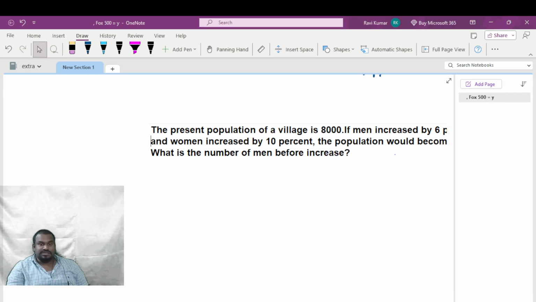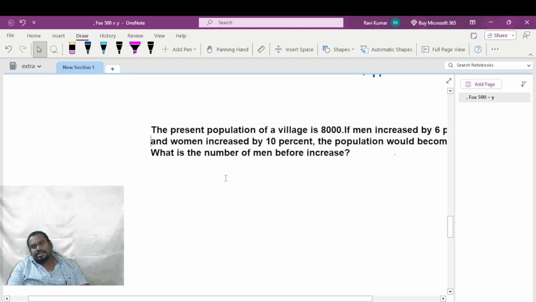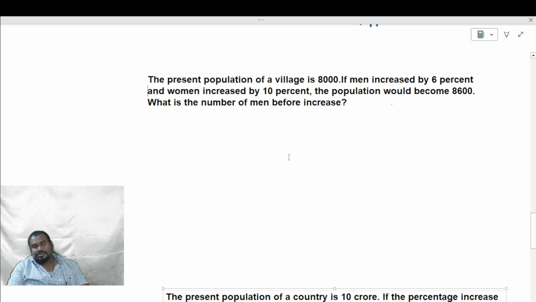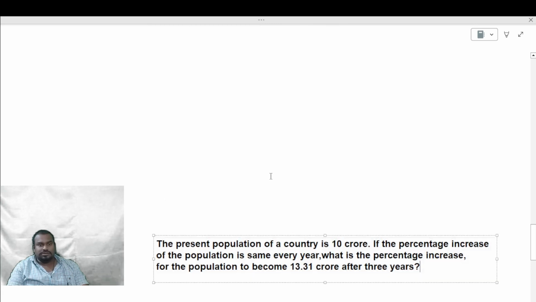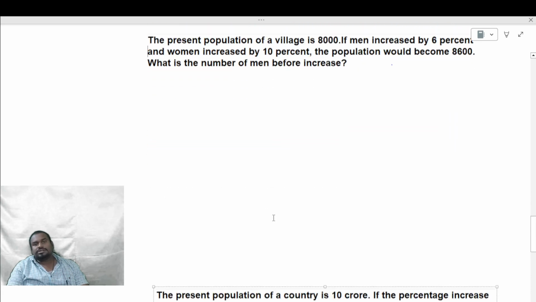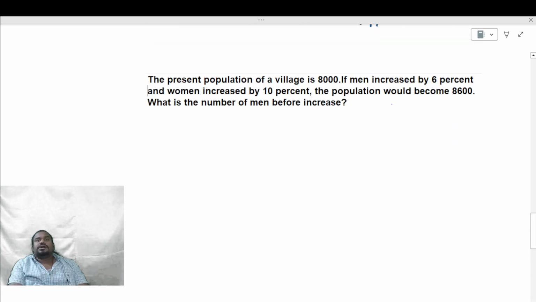First, in this question, there are two parameters to be considered. The men population is increased, and at the same time, the women population is also increased. Forget about the percentage value for a moment.